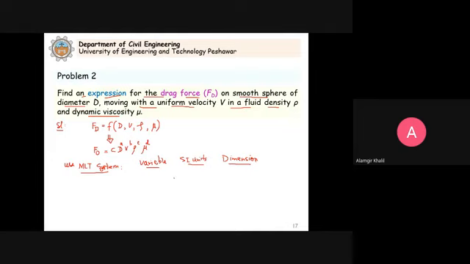So now we have this Fd. We already know that the units are Newton, but Newton can be written as mass into acceleration. Consequently, we can write the dimension as M L T to the power minus 2.